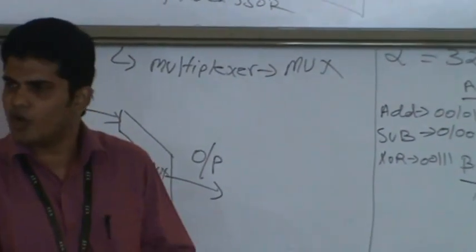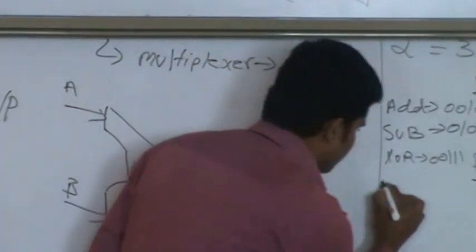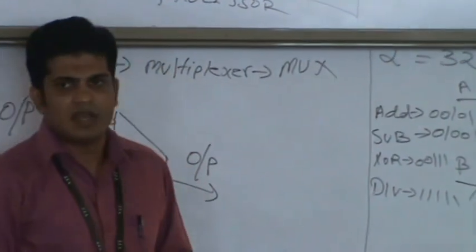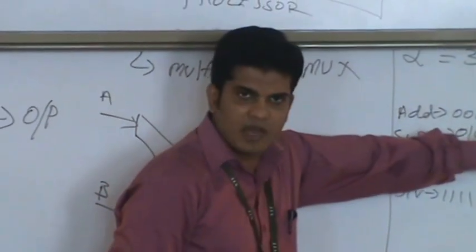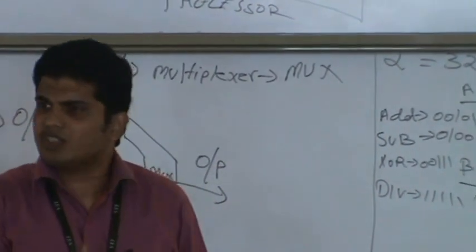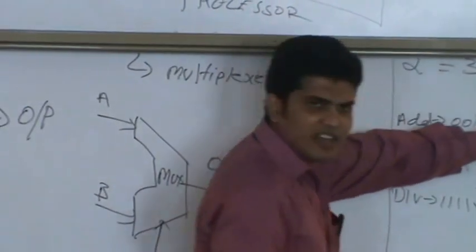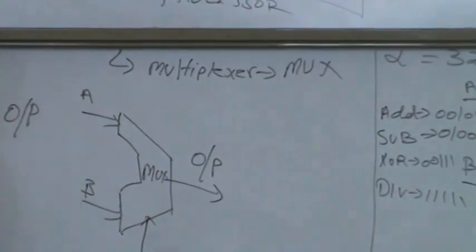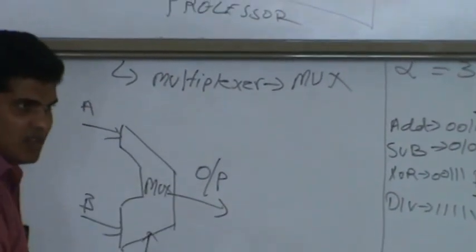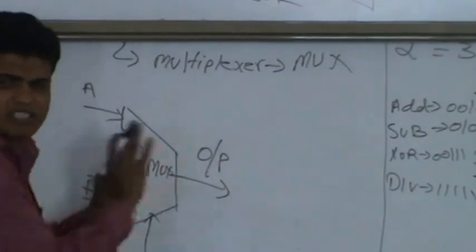There can also be a code for the division operation, 1111 something. It can perform arithmetic and logical operations. It can also do the operation of a multiplexer. It can just take the value of A and pass it, or the value of B and pass it.